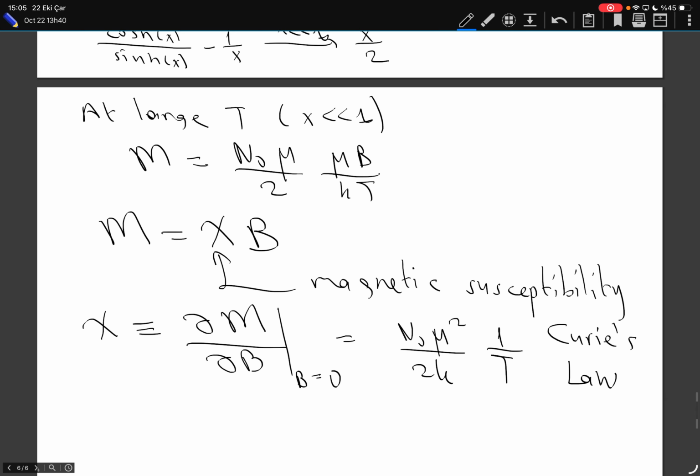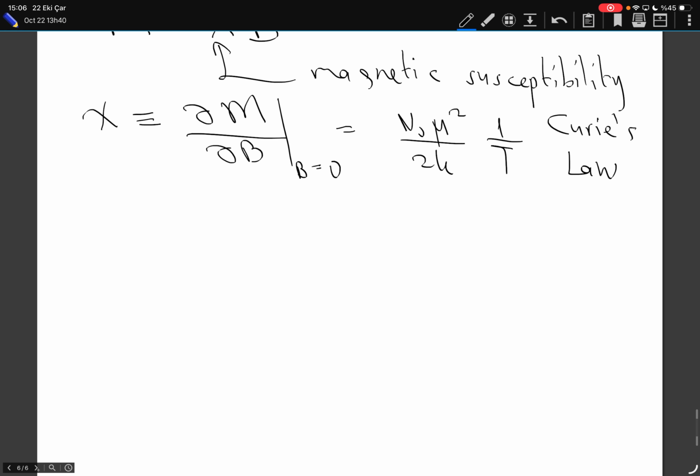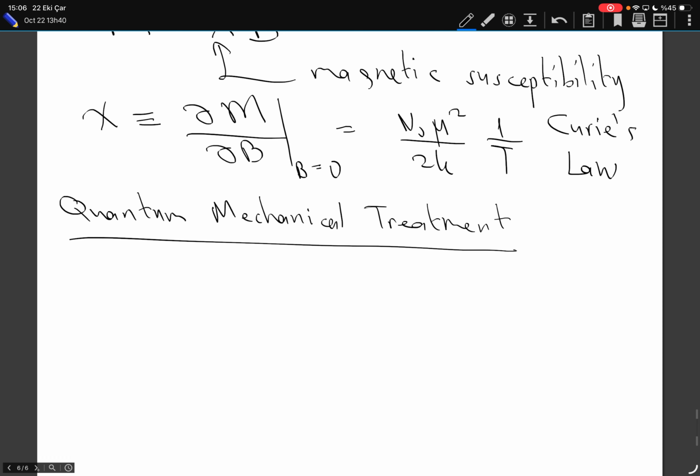So let's look at the quantum mechanical treatment of these systems. Let us look at a more simple case first, a spin 1/2 system.